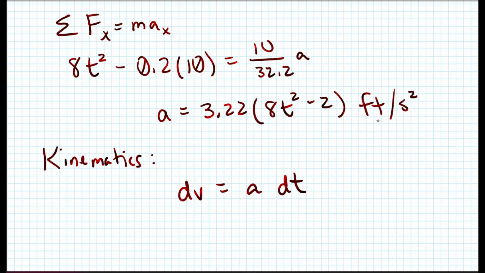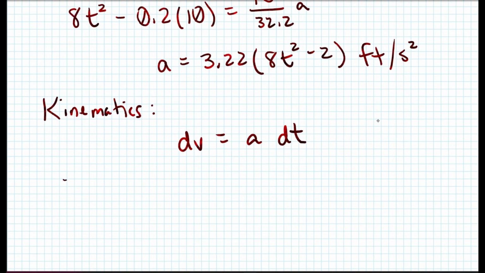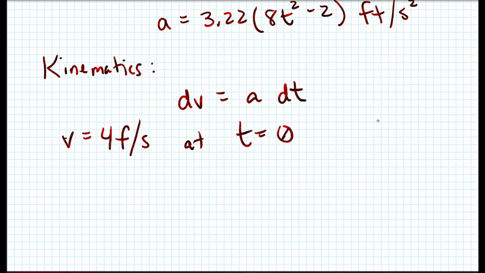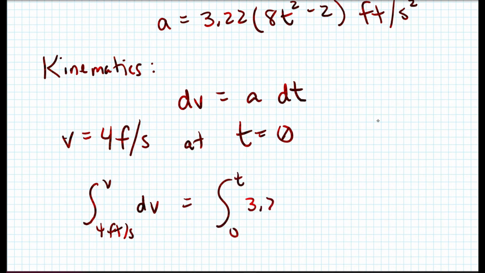So using the initial condition of v equal to 4 feet per second at t equals 0, let's write that out. From 4 feet per second to v, and 0 to t, 3.22 times 8t squared minus 2, dt.